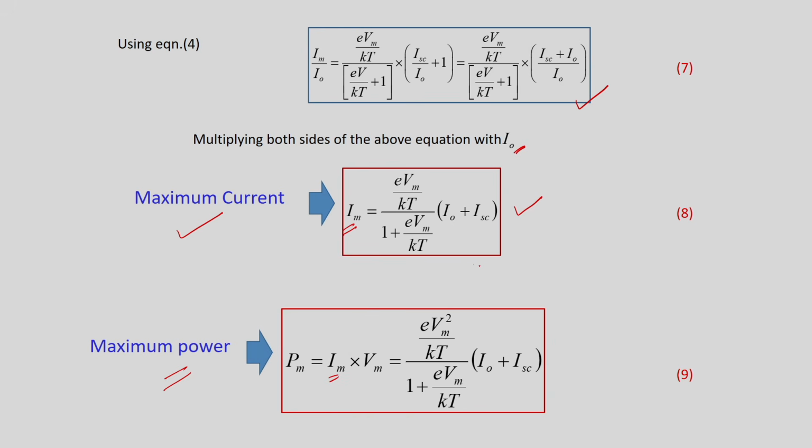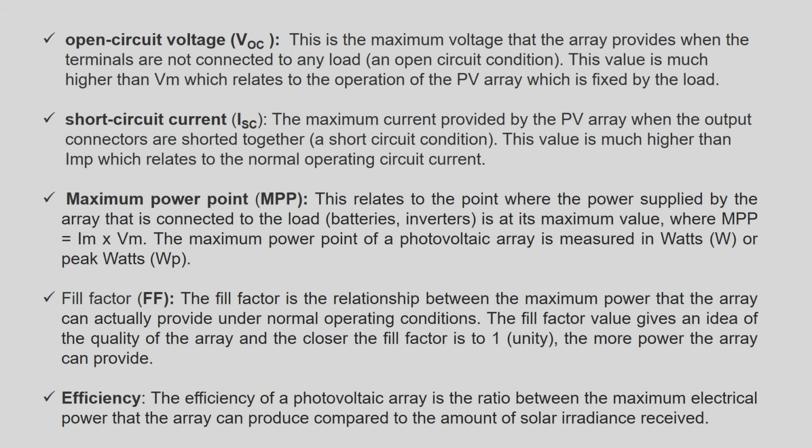Im is known here and the expression for Vm we already know. By using this expression we can calculate Pm, though while calculating Pm we need to do trial and error. That way we can calculate the maximum power to be delivered by a solar cell.